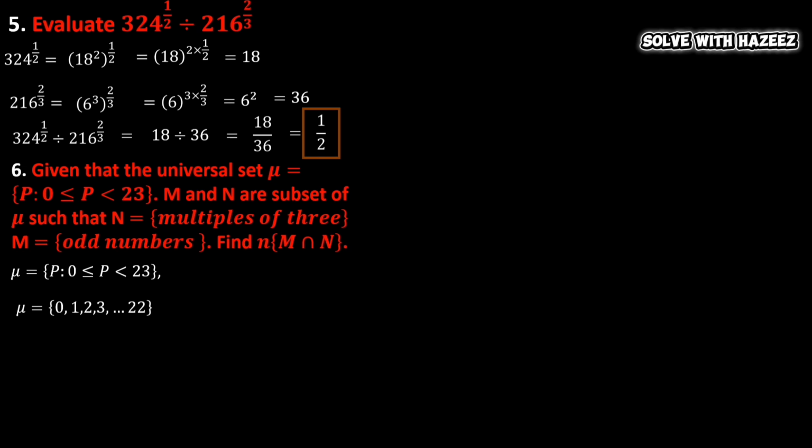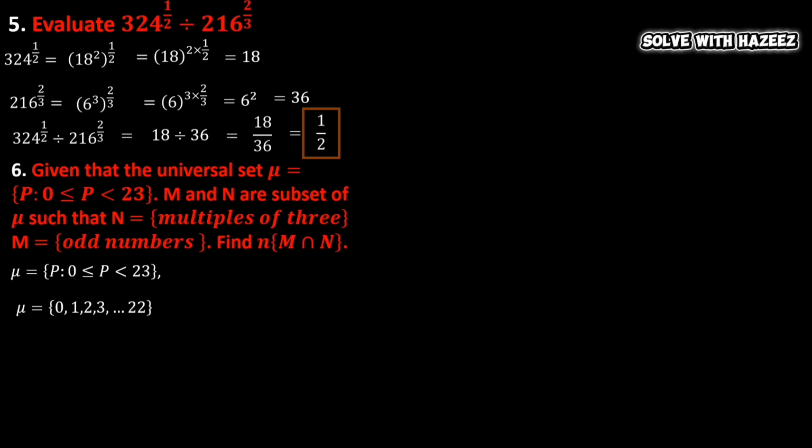Now let's move down to N. N is given to be multiples of 3. And what is the meaning of multiples of 3? And mind you, they are subsets. M and N are subsets of mu. That is, all the elements are coming from mu, which is the universal set.